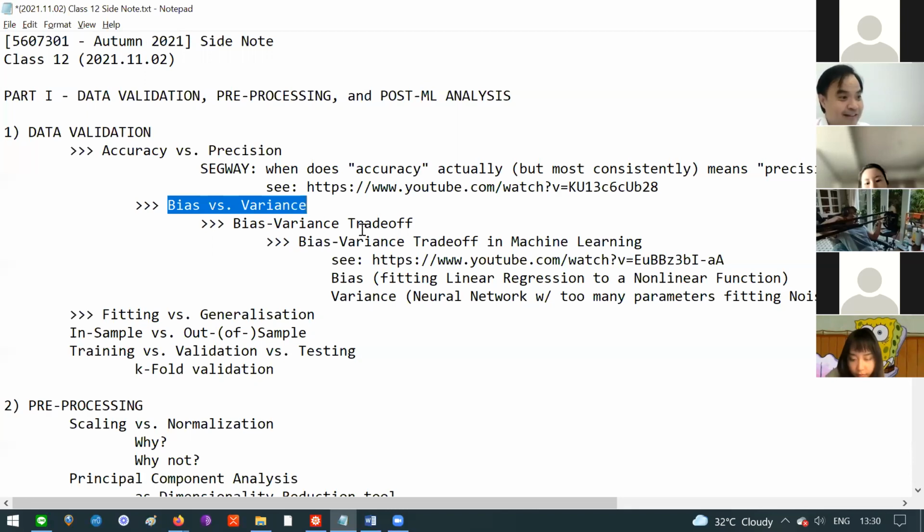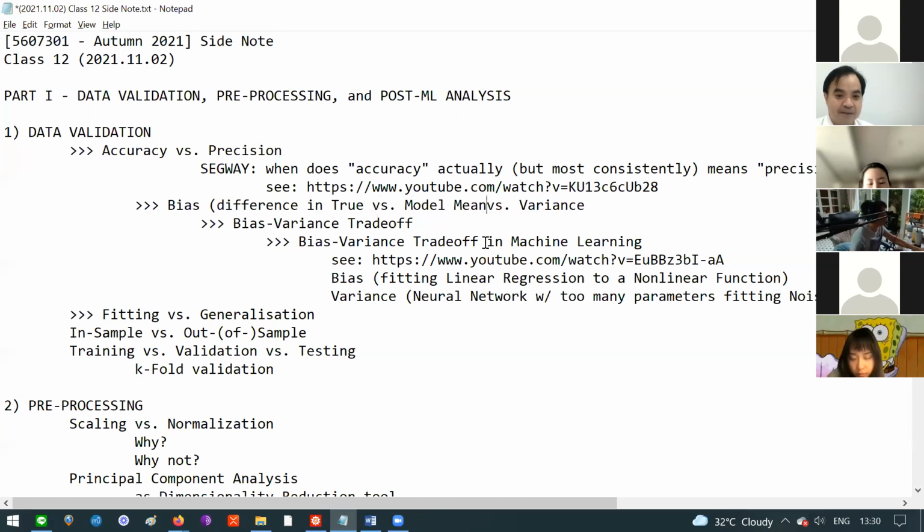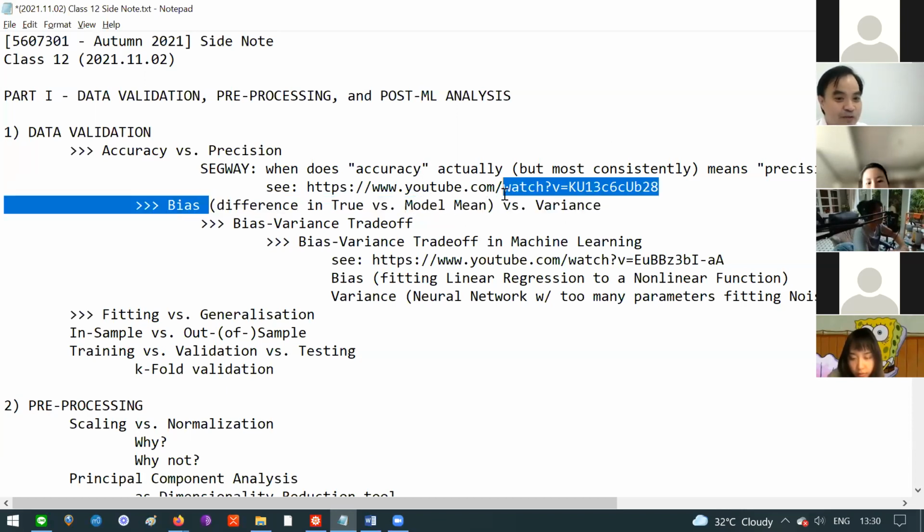Okay, now this is where you turn a concept, again, that's very general, applies to shooting bullets, to something more statistically grounded. In other words, bias is the statistical equivalent or statistical concept of accuracy. In other words, it's the difference between true versus model mean.